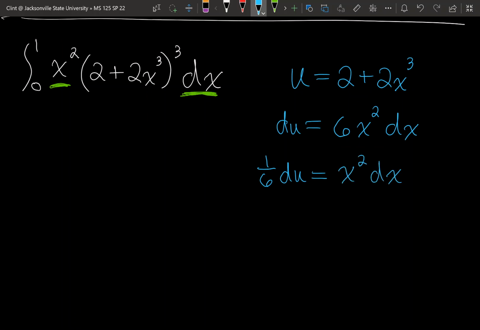That gives x squared dx. Okay, so now that matches. So if we put our 1/6 out front, and our integral symbol, this thing turns into u to the third du.